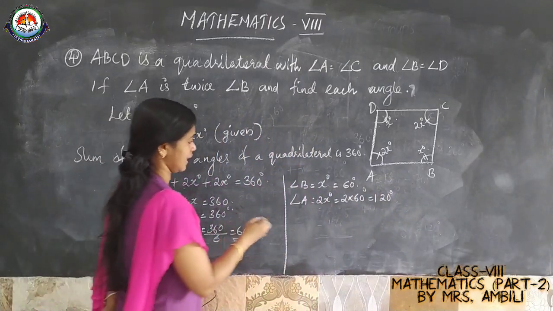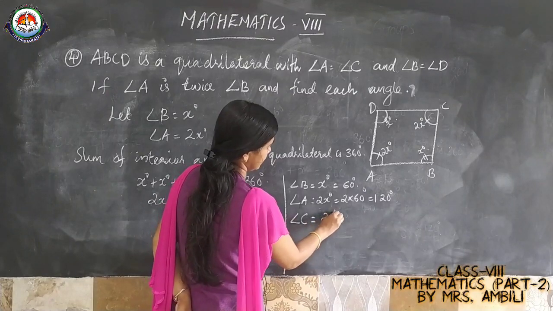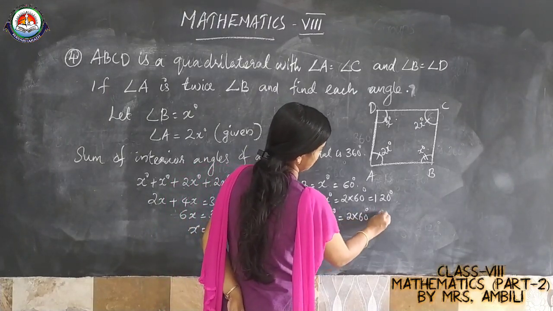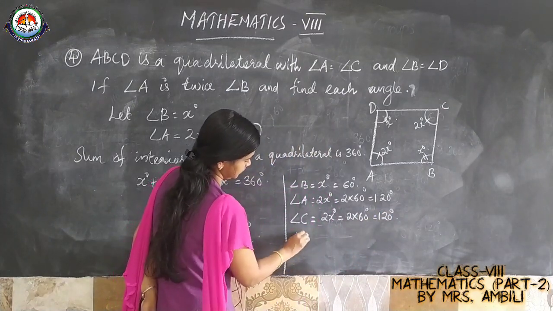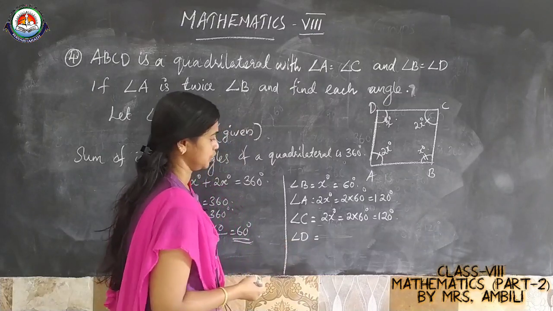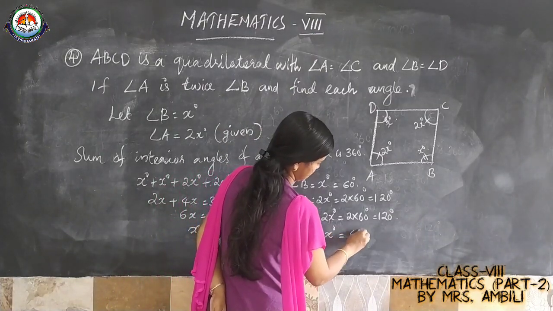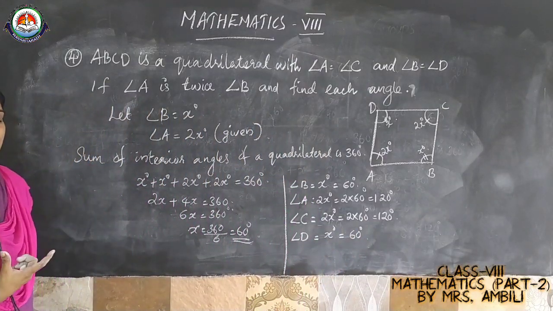Okay, remaining angles, angle C equal to 2x degree equal to 2 into 60 degree equal to 120 degree. Then angle D equal to x degree, that is equal to 60 degree. Okay, now we got all the four angles.